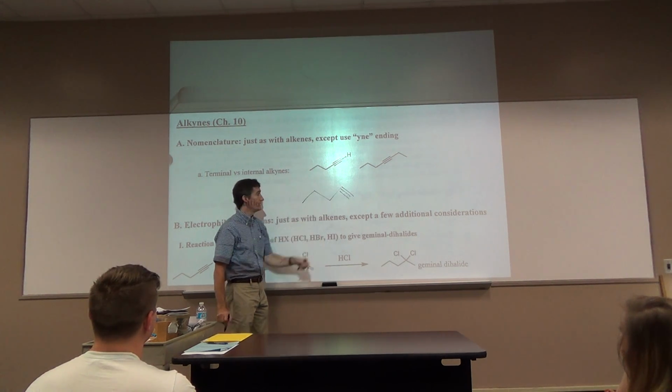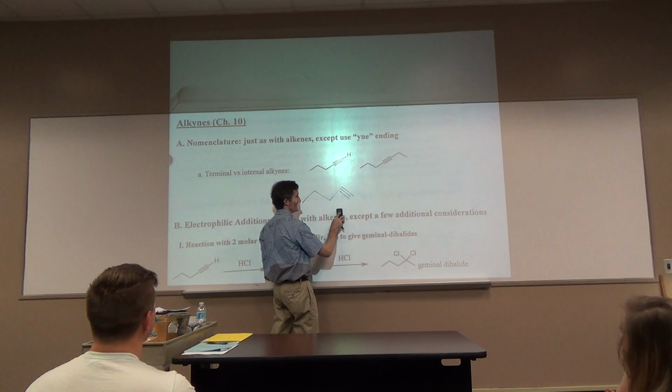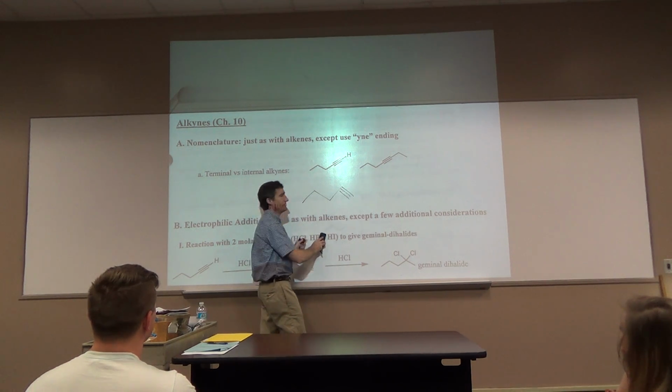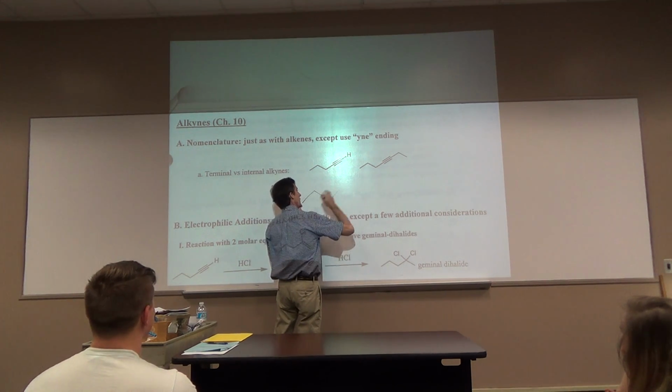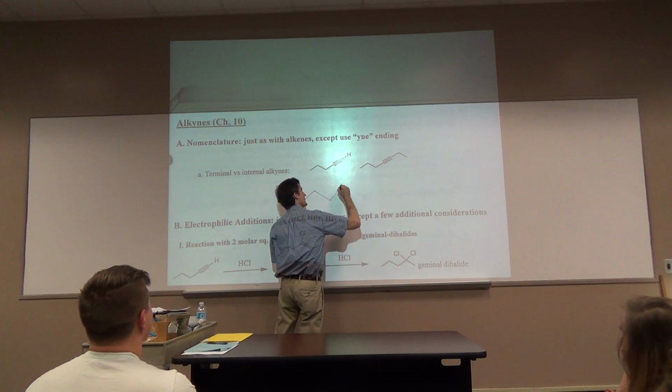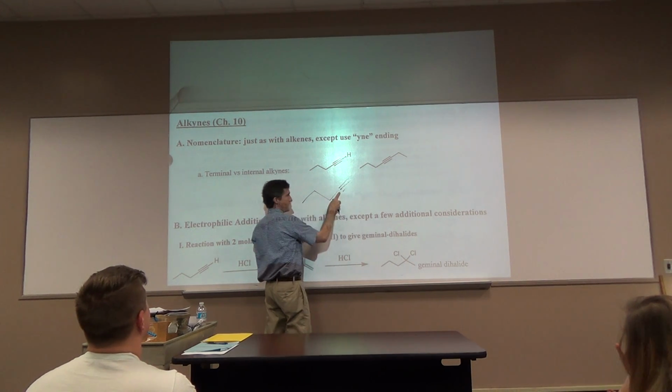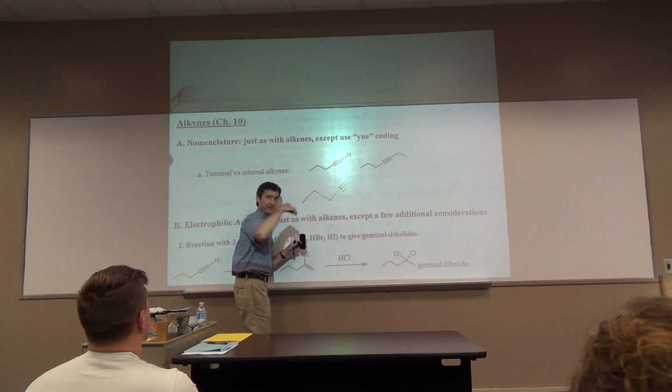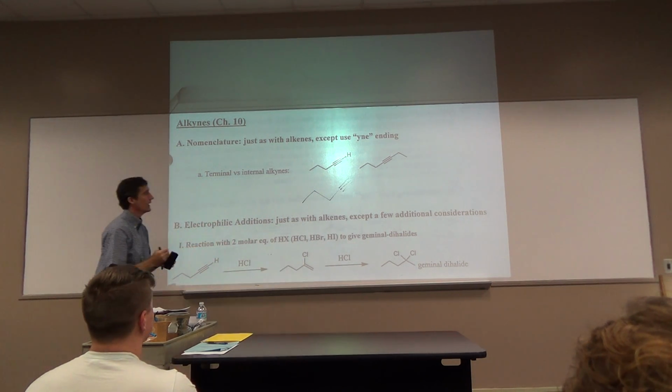So that's really kind of amateur-like. I'm drawing it linear because that's the way it is. But don't lose track of that carbon there because you don't have the zigzag line.